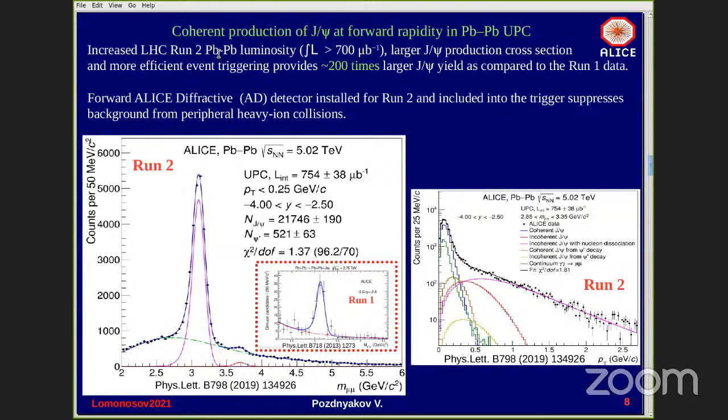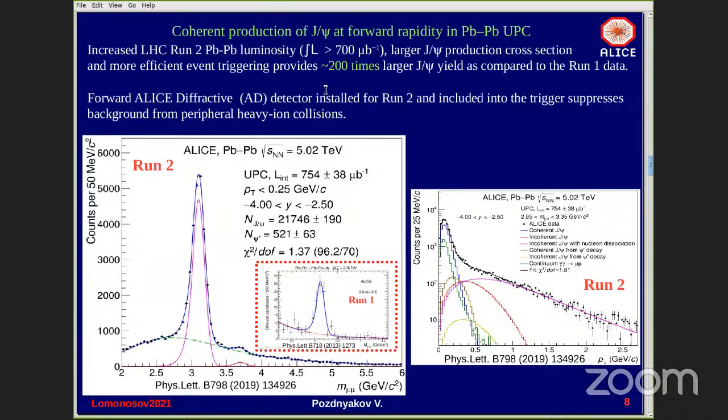So now I move to the coherent production of J/psi at forward rapidity in the muon arm. So during Run 2, we collected large luminosity, and we also got very nice conditions for triggering when we put in the detector the so-called ALICE Diffractive detector.